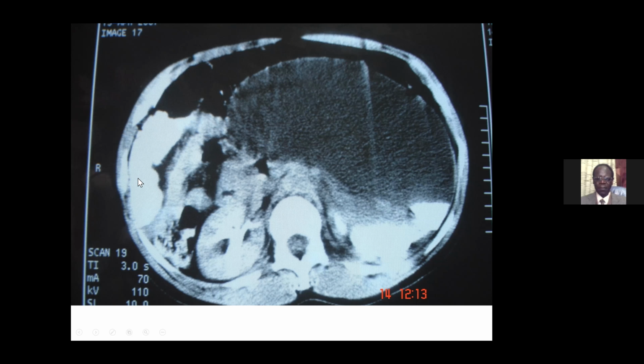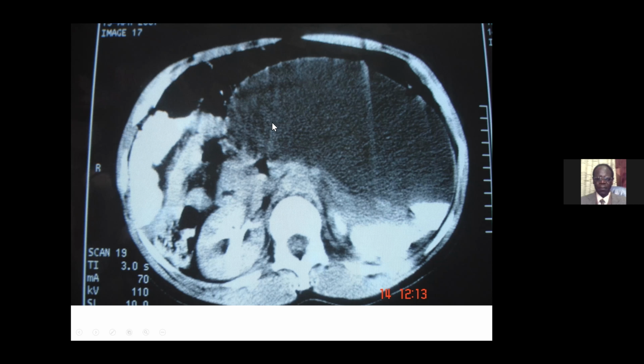So we did a CT, and we found that this is the right kidney, this is the pancreas, head and body. So there was a cystic mass arising from the body of the pancreas and extending all the way to the pelvis. It was a huge cyst.